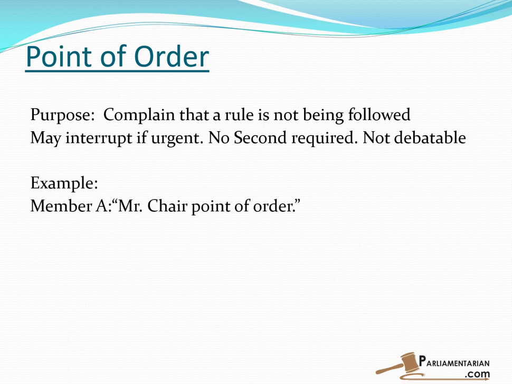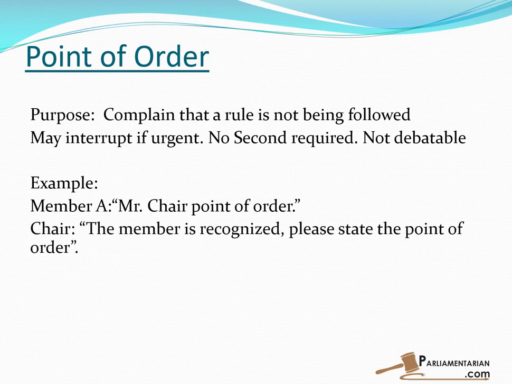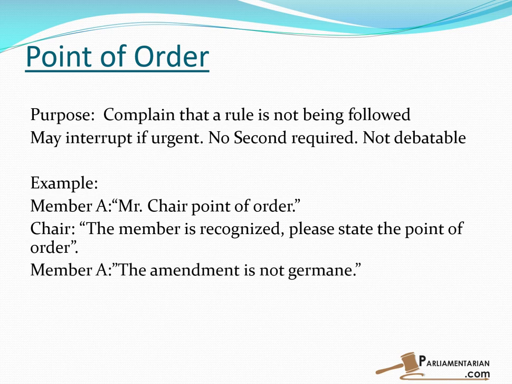So an example is, member A says, Mr. Chair, point of order. And that's all you say. And then the chair will say, the member is recognized, please state the point of order. And the member may say, the amendment is not germane. Or you have not called for a no vote.